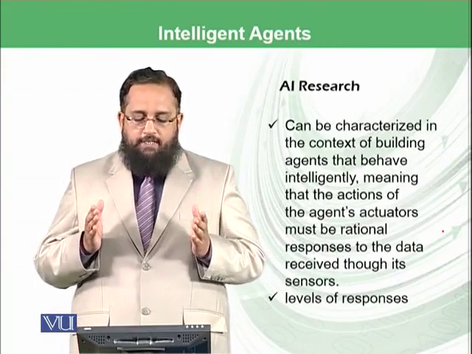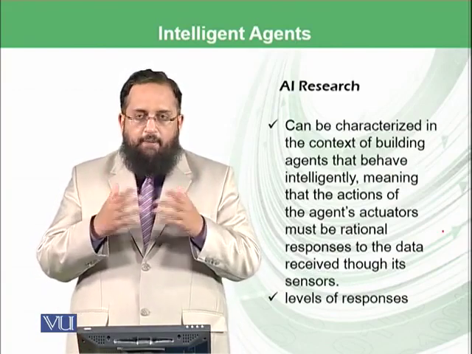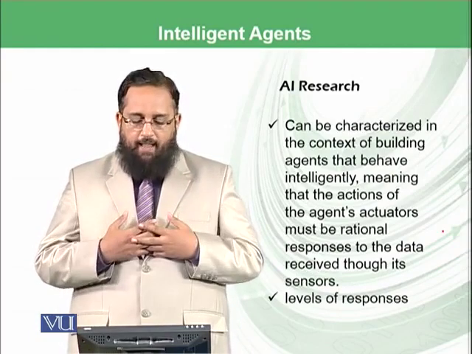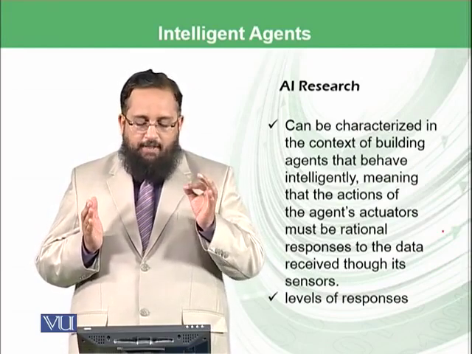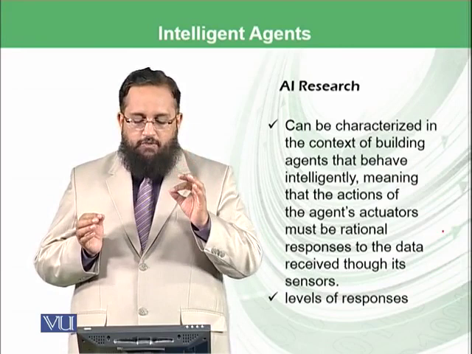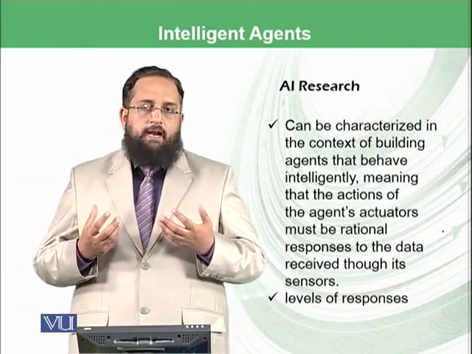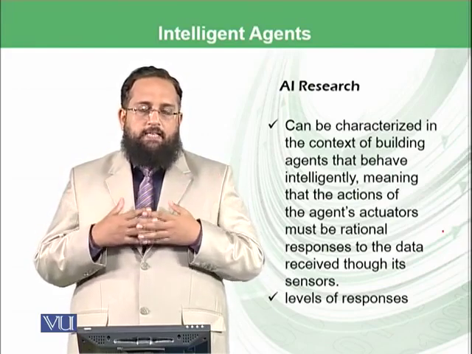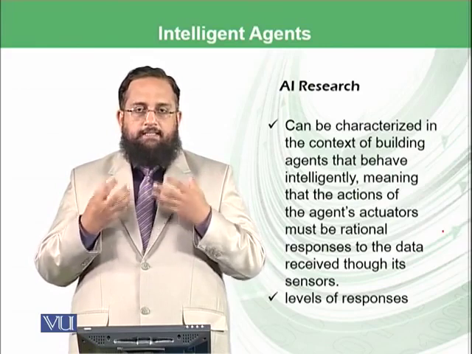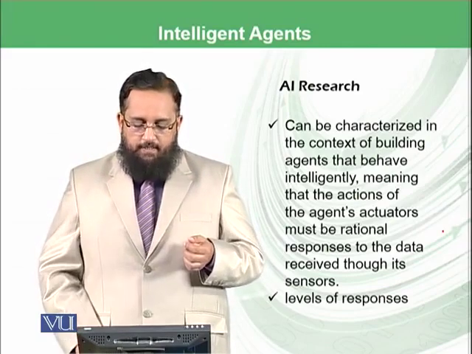So AI research can be categorized in the context of building agents that behave intelligently, meaning that the actions of the agent's actuators must be rational responses to the data received through a sensor. So most of the time AI research is based on agents, and the agents' basic thing is the response, and that response could be of different types and different levels.